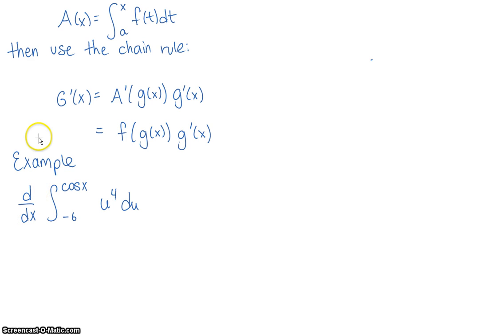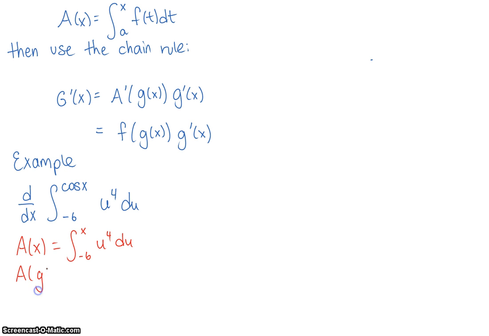If we're trying to find the derivative of the integral from negative 6 to cos x of u to the 4th du, we can set our A of x to be the integral from, in this case, negative 6 to x of u to the 4 du.